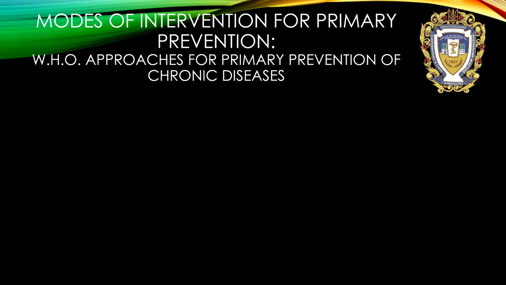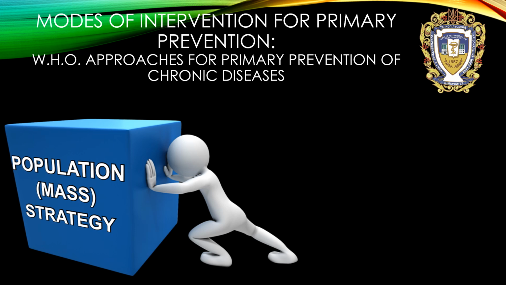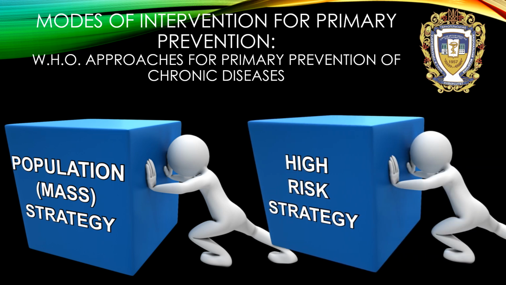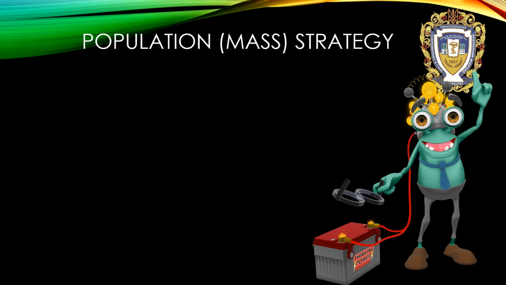The World Health Organization approaches for primary prevention of chronic diseases are next: population or mass strategy and high risk strategy. Let's talk about population or mass strategy.